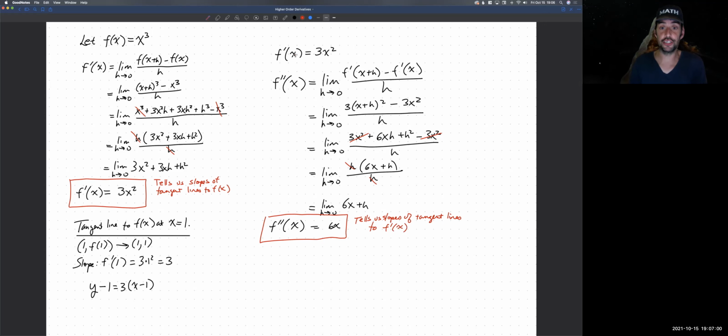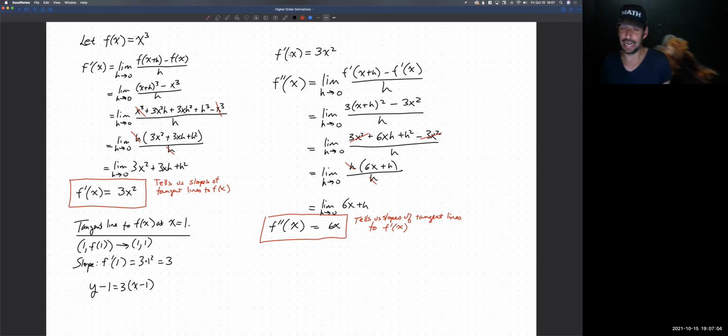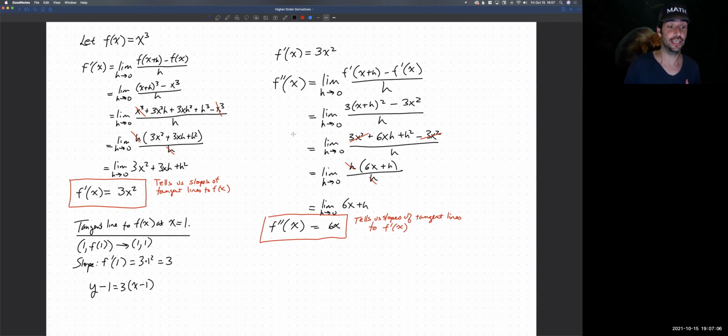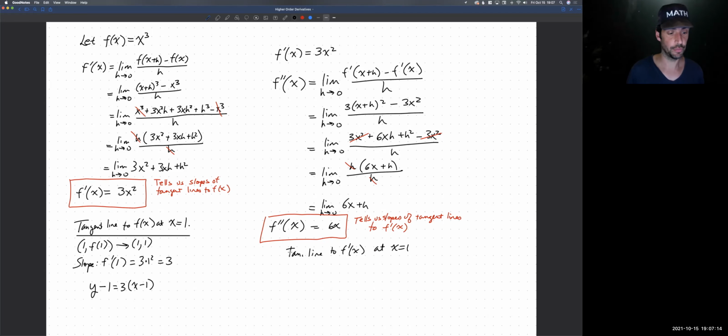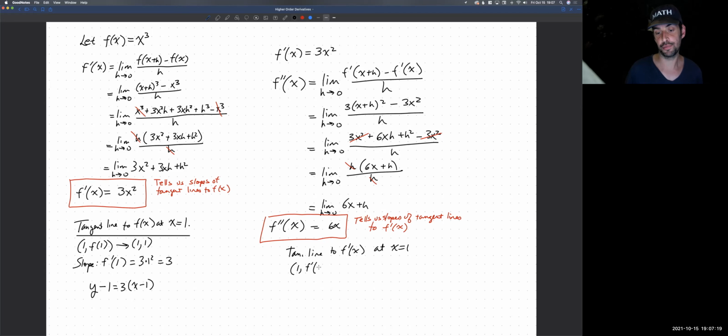So this function f prime of x, 3x squared, we know what that is. That's a parabola. It's going to have tangent lines too. If we wanted the tangent line to f prime of x at x equals 1, we do the same process. We have the point 1, f prime of 1, which is going to be, putting in 1 for x, 3 times 1 squared, or 3.